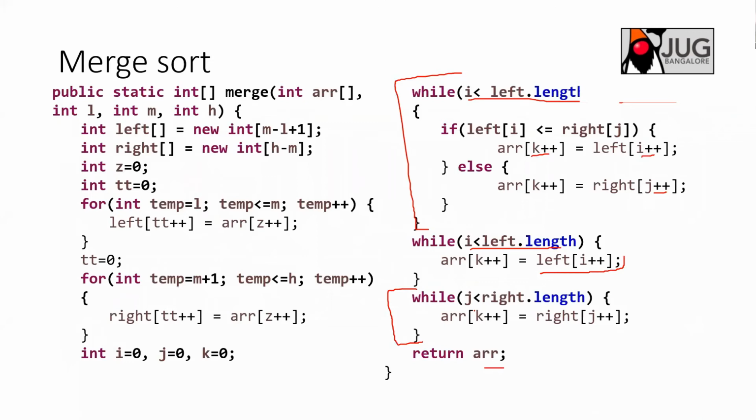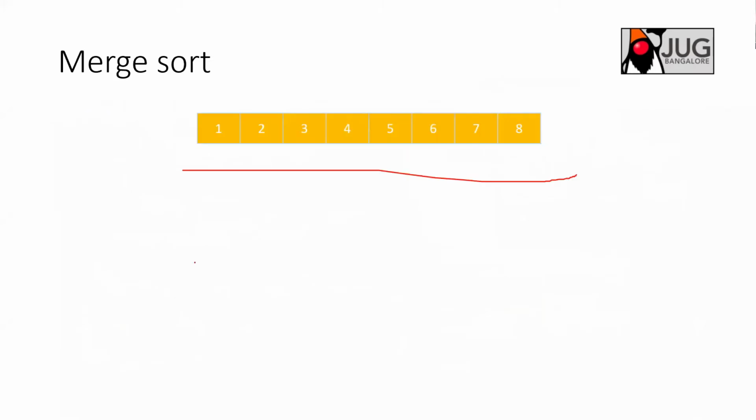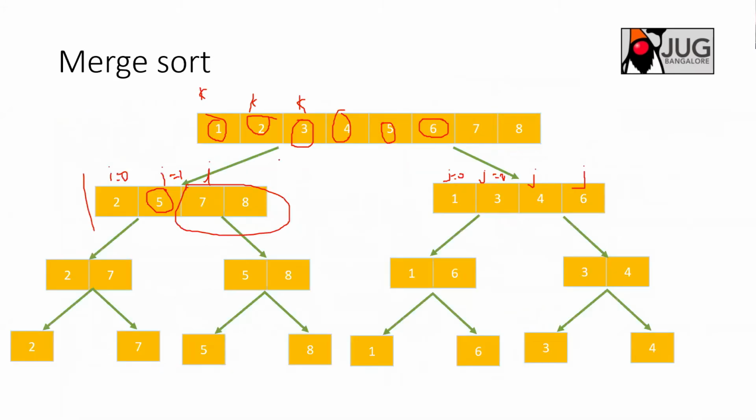And what is the time complexity? If you see this loop, how the merge is happening. Merge is, if you see, we are just comparing, so basically comparing and taking one of the elements. So basically what you're doing here is comparing the half elements here and half elements here, right?